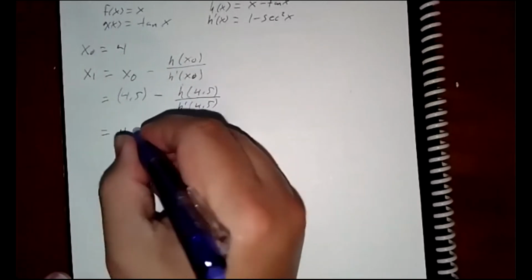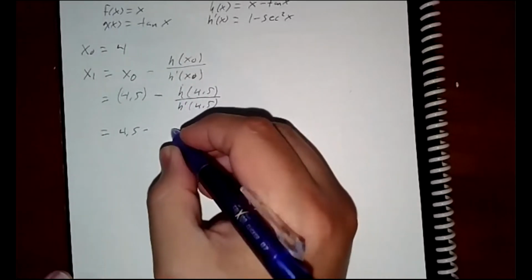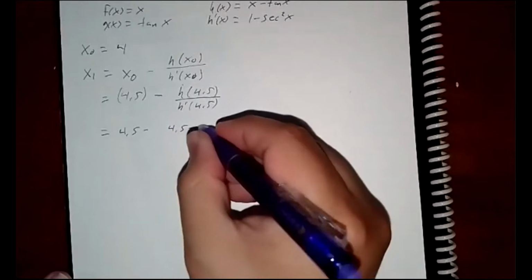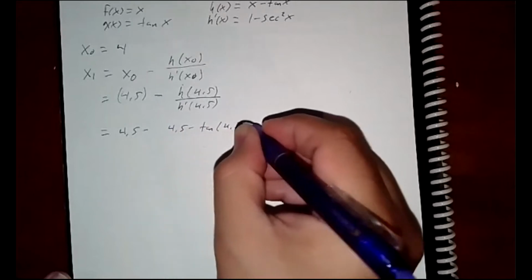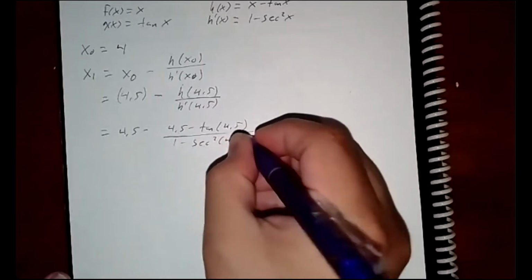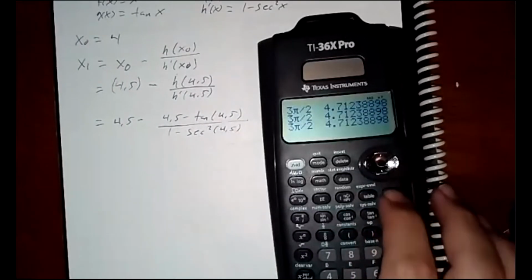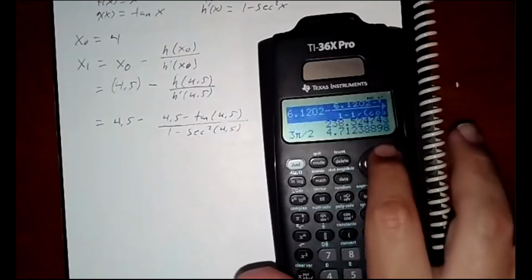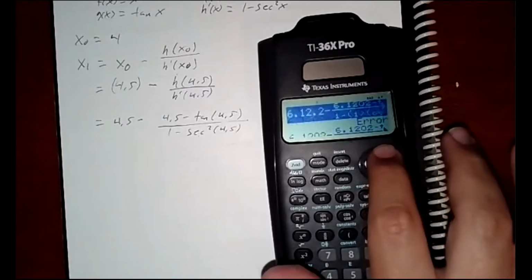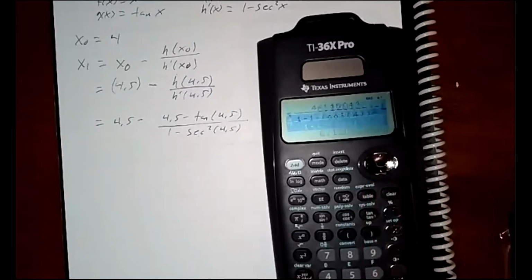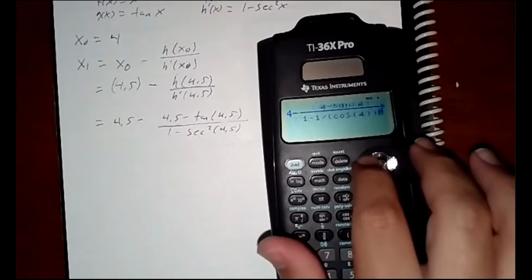So that will be 4.5 minus tan of 4.5 over 1 minus secant squared of 4.5. So I'm going to use that one with the 4 and just plug in 4.5 wherever I can.